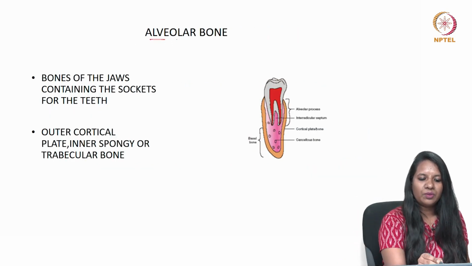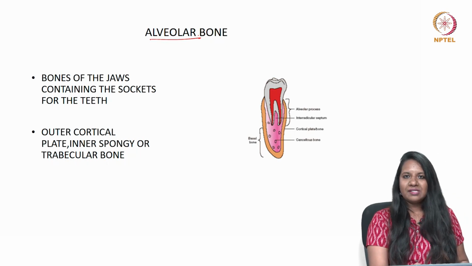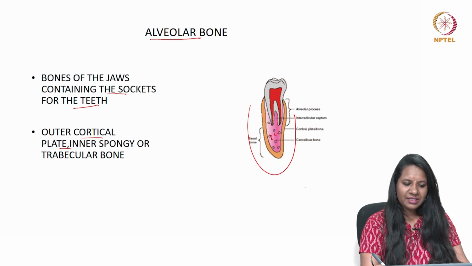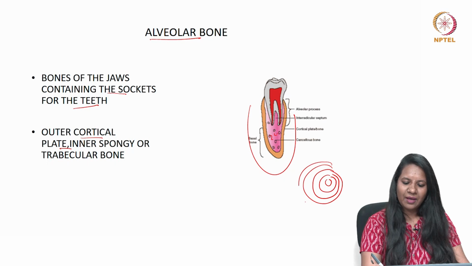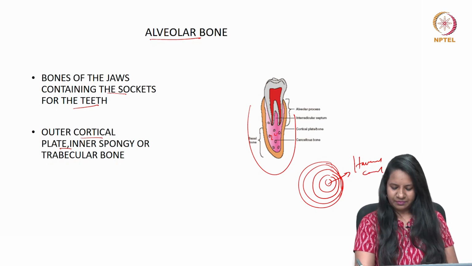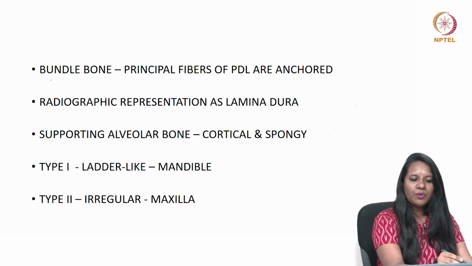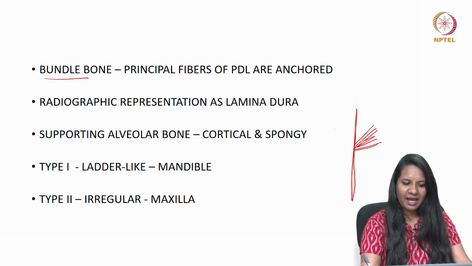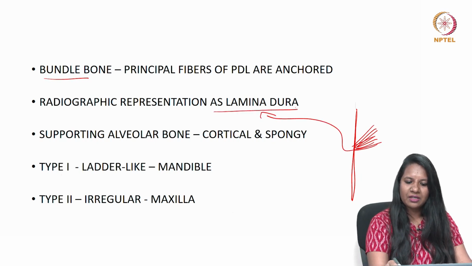Moving to the alveolar bone. These are the bones of the jaws containing sockets for the teeth. The outer cortical plate, otherwise called compact bone, consists of circumferential lamellae that are tightly packed around the Haversian canal. Bundle bone is the part of the alveolar bone where the principal fibers of the PDL are anchored, so radiographically it is depicted as lamina dura.